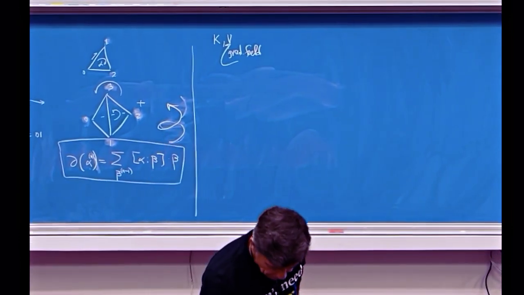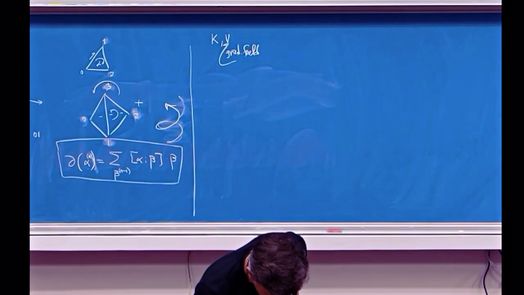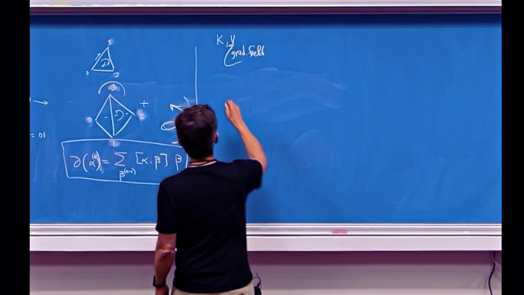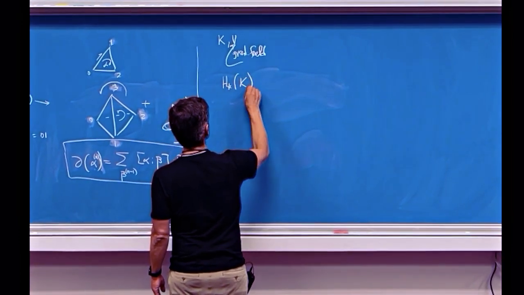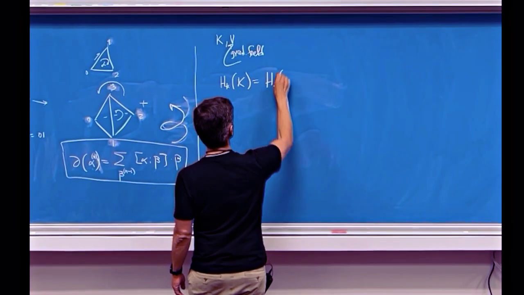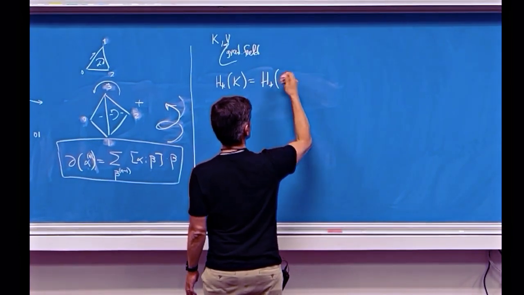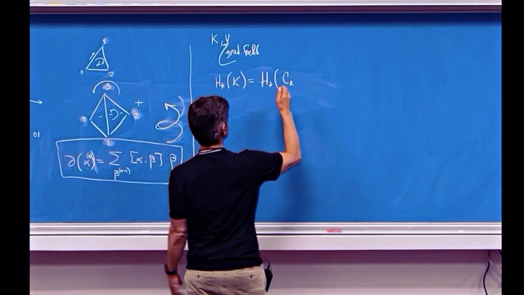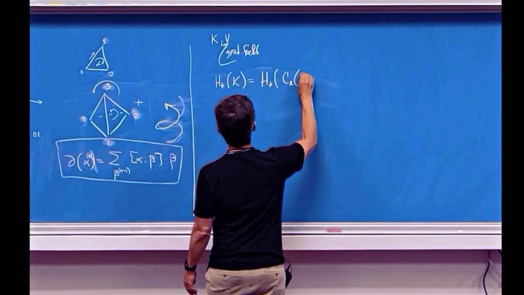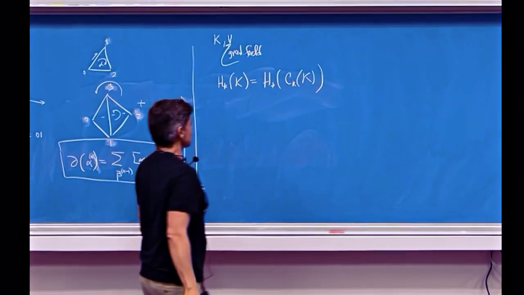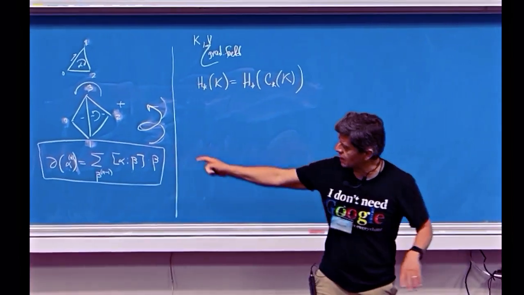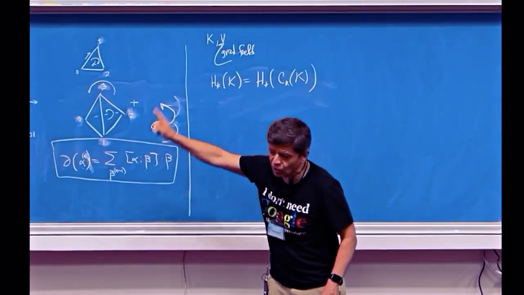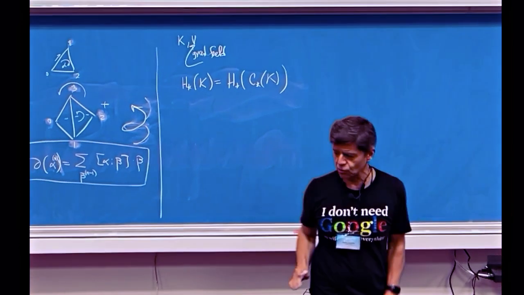So let's see. Now, the idea is that I want to compute the homology of K, and this is, of course, the homology of the cellular, in this case simplicial, complex of K. This is hard because there might be a lot of faces, and it's going to be a huge computation.